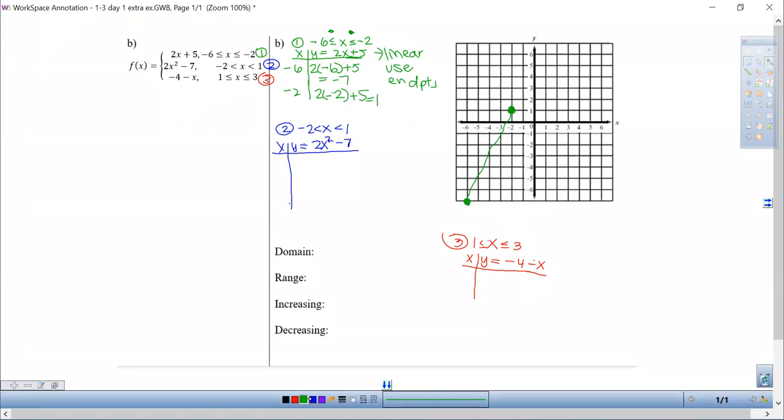The next piece is, as we just said, quadratic. So if I have a quadratic graph, and I know that because it's squared, I want to use values between my endpoints. Use all values.